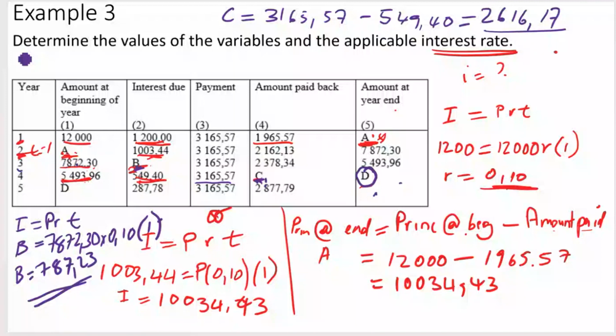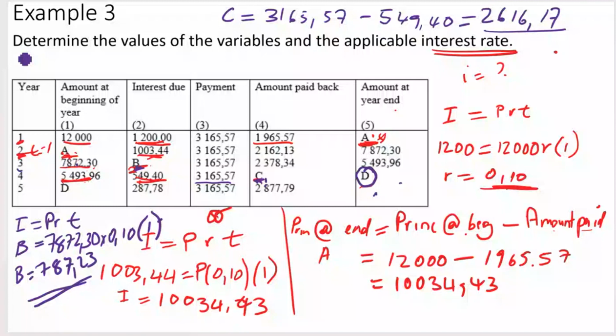So now to get your D, you can say 5,493 minus my C. That means the amount to pay back my principal that I have after paying the interest. So I am left with 2,616 after paying interest. So this amount, I'm going to go and pay the principal. So after paying the principal, that's going to be my D.